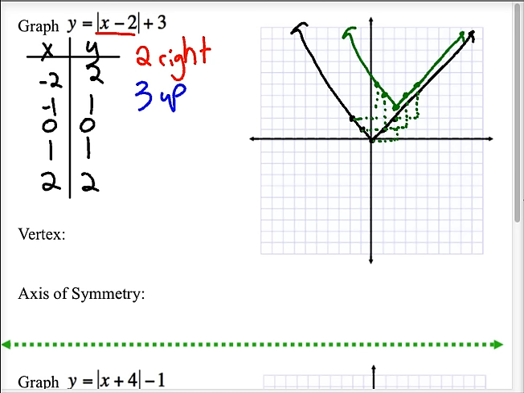All you have to do is understand the original, and then you're just going to shift it. So in this case, we shifted it 2 to the right, 3 up, and that gave us our new graph. So the vertex shifted 2 to the right and 3 up. That's how you find the vertex: you just look at those translations, and that basically hands you the vertex. The axis of symmetry is always the vertical line that goes through the x value of that vertex.